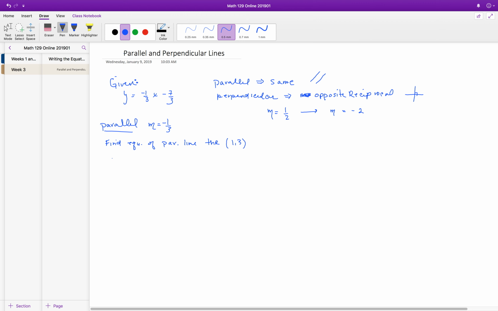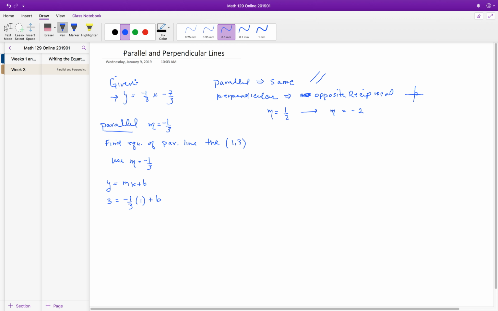Again, we're going to use the same slope and the given point. We can use either method. We can just go ahead and use y equals mx plus b. So we'll plug in the y from the given point, the slope, negative 1/3, because we're finding a line parallel to this one, the given x value, which is 1, plus b.